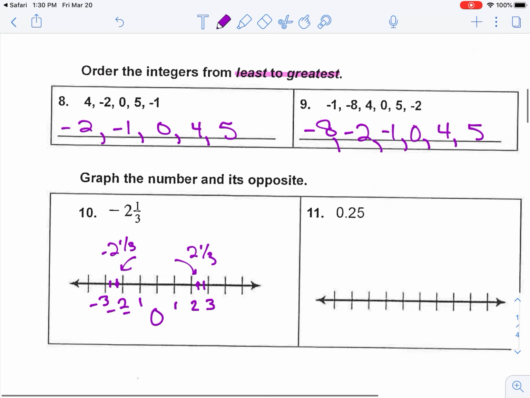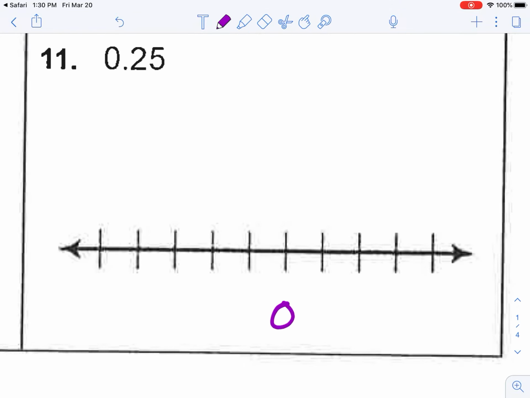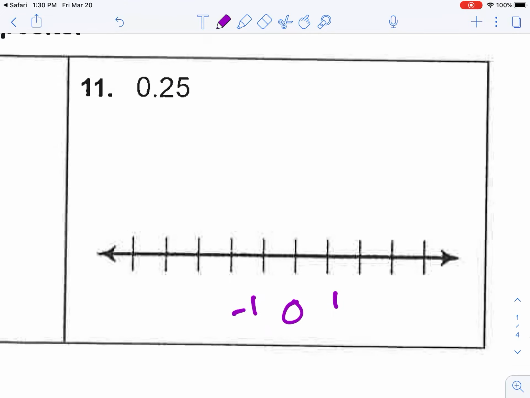Okay. Number 11, we are graphing 25 hundredths on the number line. Think of quarters. Again, if 0 is right in the middle, we can put a -1 over here and a +1 on the right of 0. Remember that 25 hundredths is 1/4. Think of quarters.